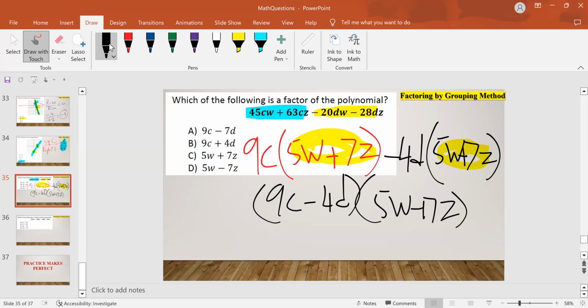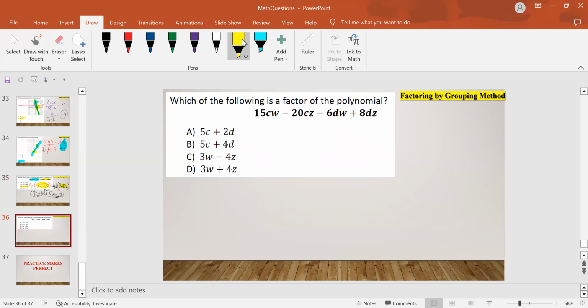Okay, but the question here is, which of the following is a factor of the polynomial? So from these two factors, they choose one. So let's see, they say 9c minus 7d, no. 9c plus 4d, no. 5w plus 7z, yes. So this is the correct choice.